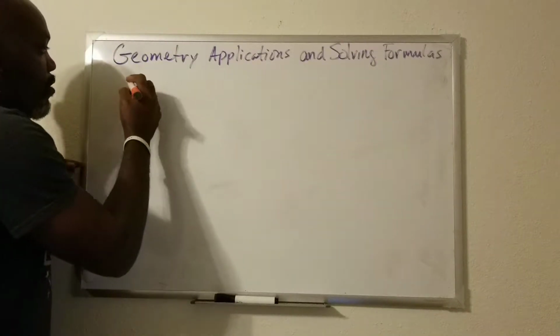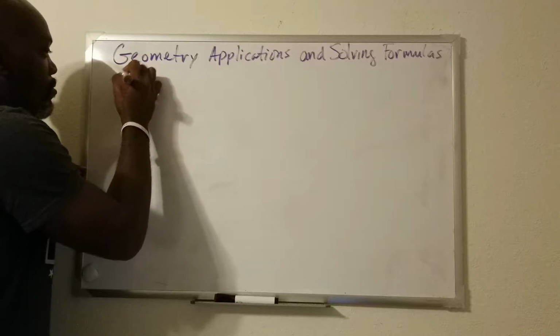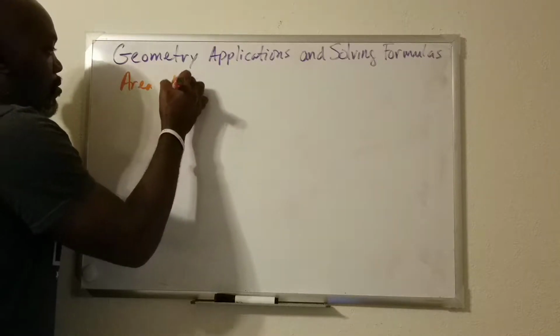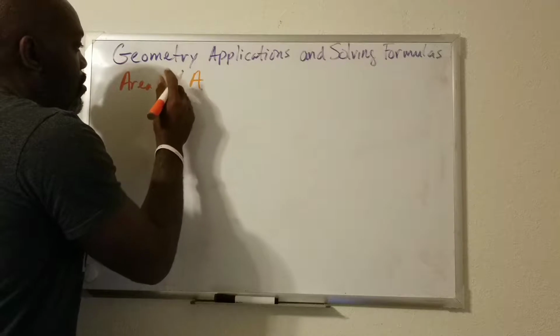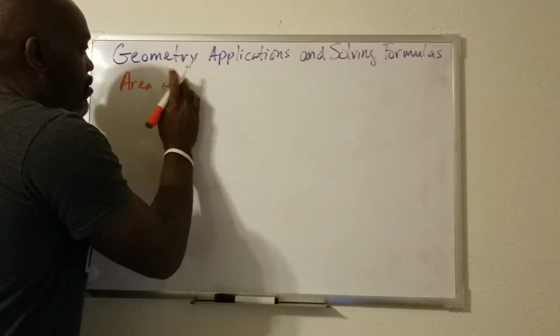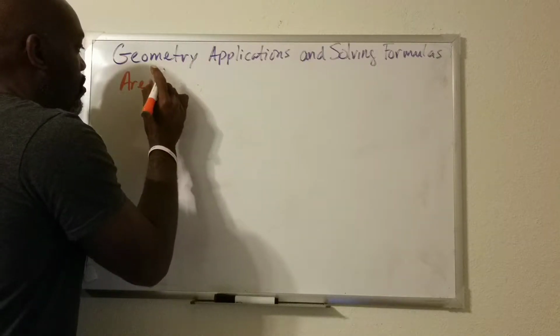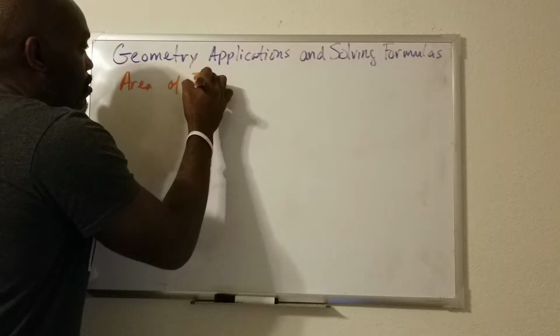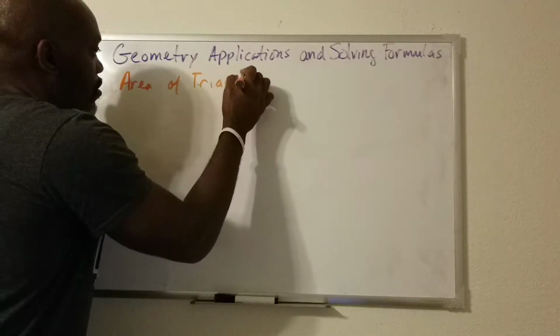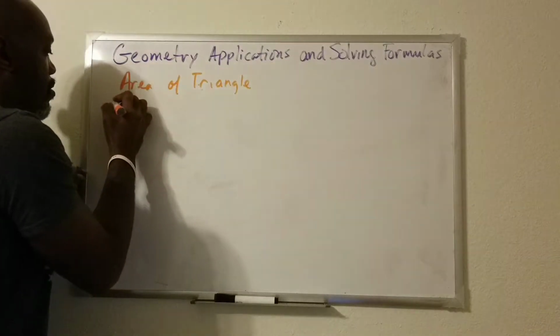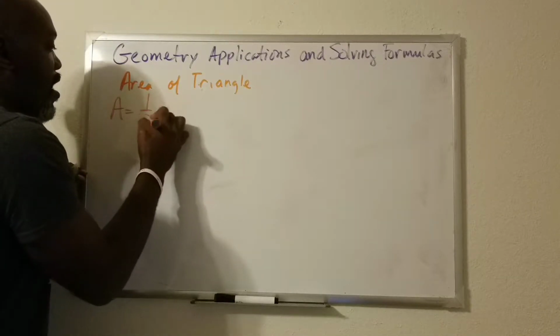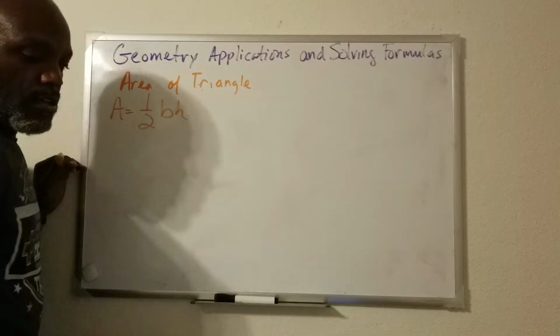So the formula for area of a triangle. Let me write that correctly. The formula is A equals half of the base times the height.